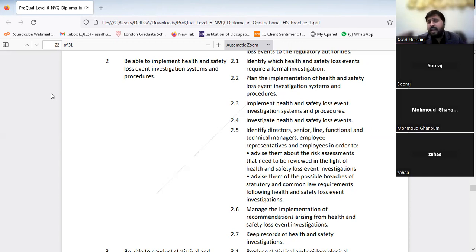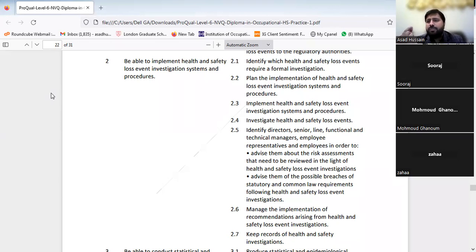So it is asking how you are sharing the outcomes, how you are sharing the information with these people present in the organization and external to this organization. In regard to that, what type of evidence can you use? Simple.